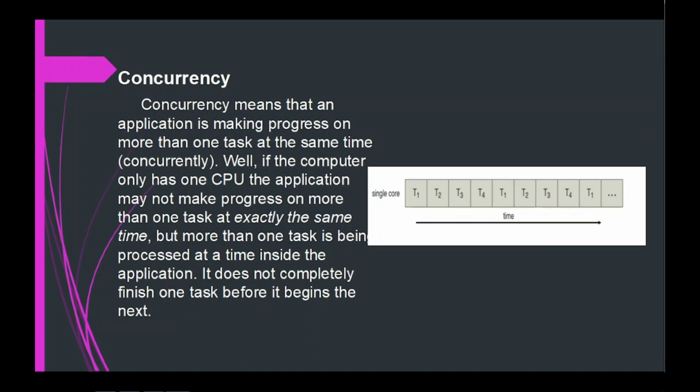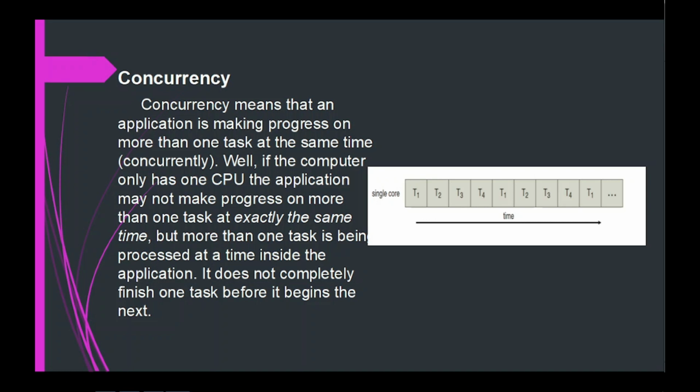So, concurrency. Concurrency means that an application is making progress on more than one task at the same time, concurrently. If the computer only has one CPU, the application may not make progress on more than one task at exactly the same time. But more than one task is being processed inside an application, and it does not completely finish one task before it begins the next.